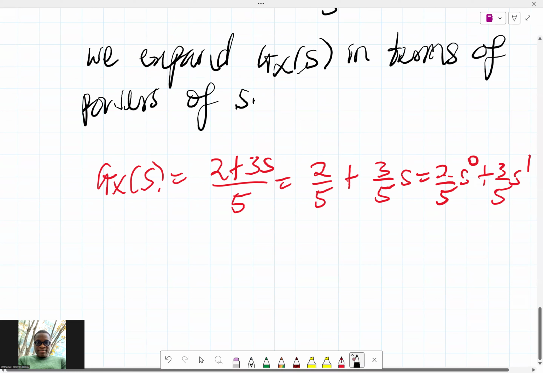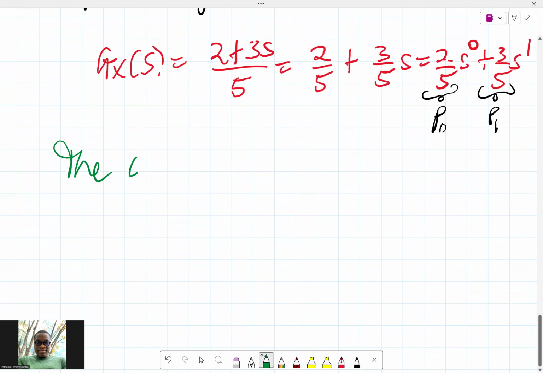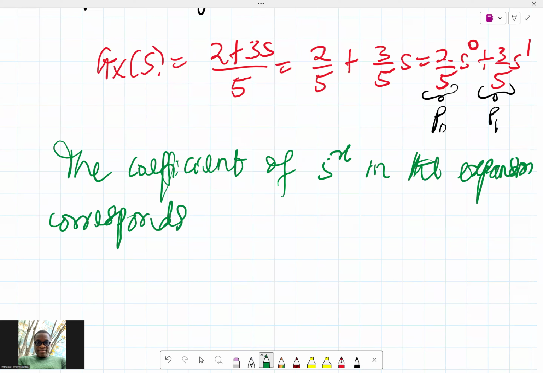Just like we saw before, 2 over 5 is the coefficient of s raised to power 0, so this will be P0. And 3 over 5 is the coefficient of s raised to power 1. This is P1. So with that, we can say that the coefficient of s raised to power x in the expansion corresponds to the probability that X is equal to x.